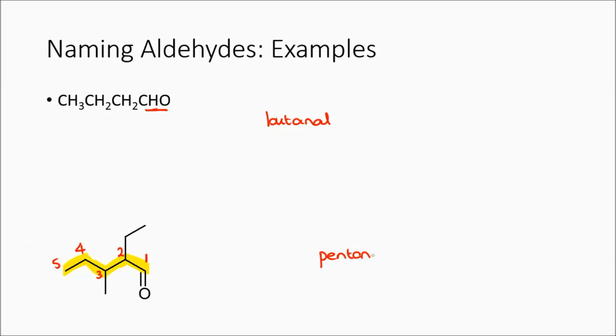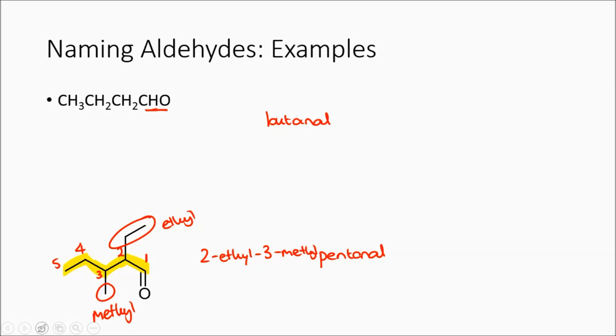Okay, and we look at the substituents. We have an ethyl group at the 2 position and a methyl group at the 3 position. So it's 2-ethyl, 3-methyl, pentanal.